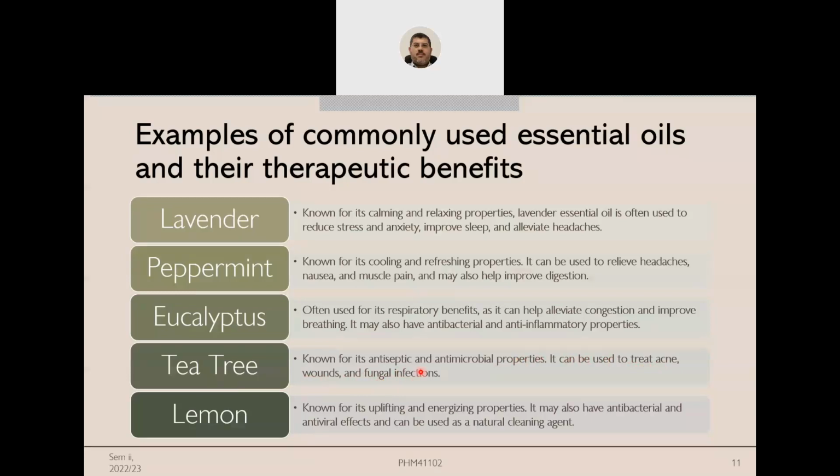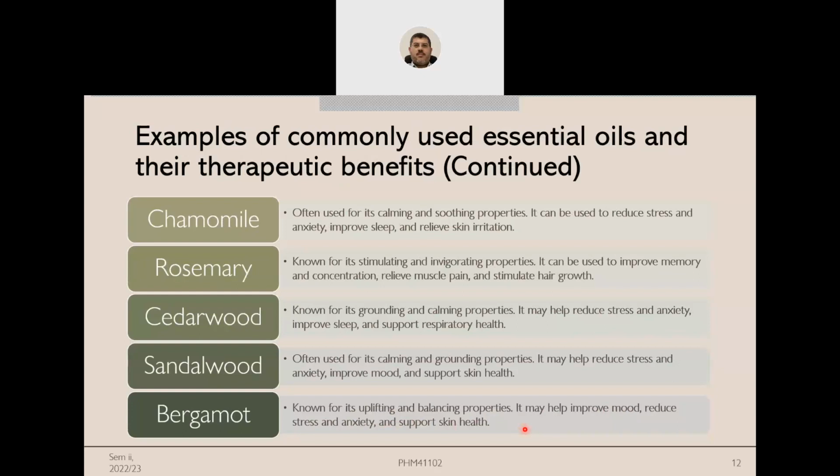Lemon essential oil has uplifting and energizing properties. It also has antibacterial and antiviral effects, and can be used as a natural cleaning agent. Chamomile has calming and soothing properties, and can be used to reduce stress and anxiety, improve sleep, and relieve skin irritation.